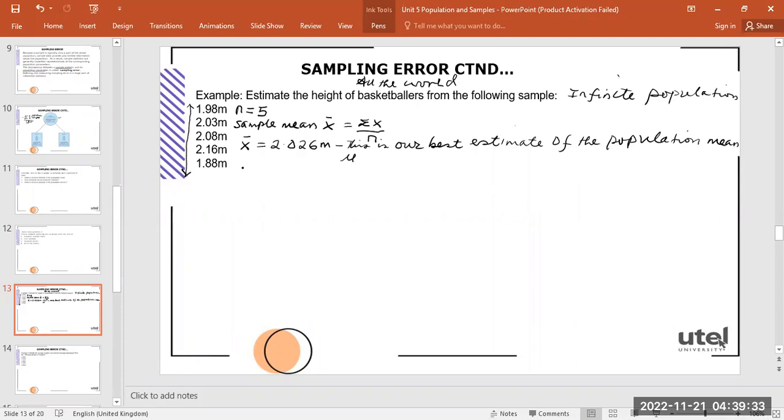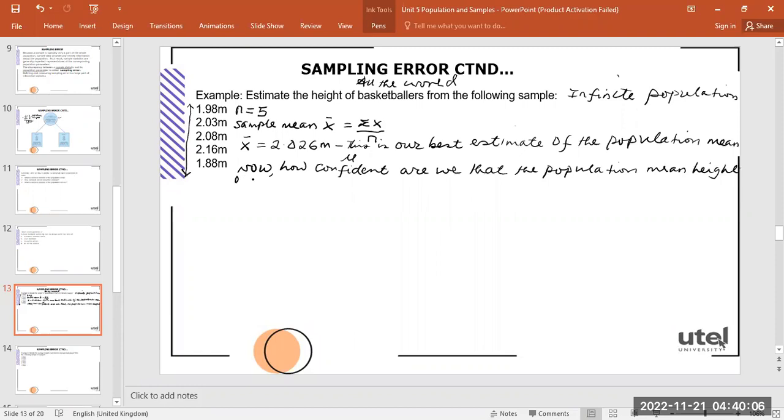Now, the next question that we now want to ask is, how confident are we that the population mean height of basketballers is 2.026 meters?